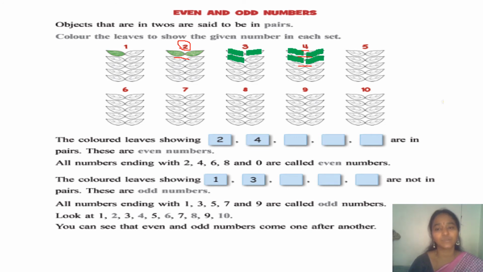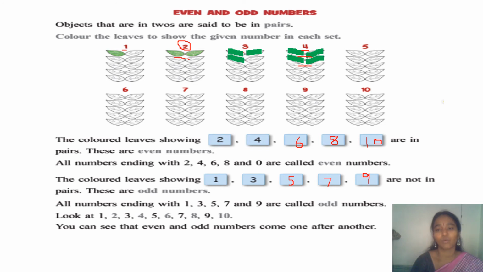You will see 6, 8 and 10 are in pairs. So these are even numbers, and the colored leaves showing 1, 3 and 5, 7 and 9 are not in pairs.